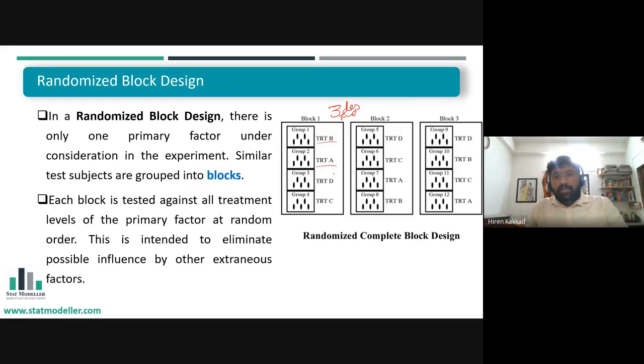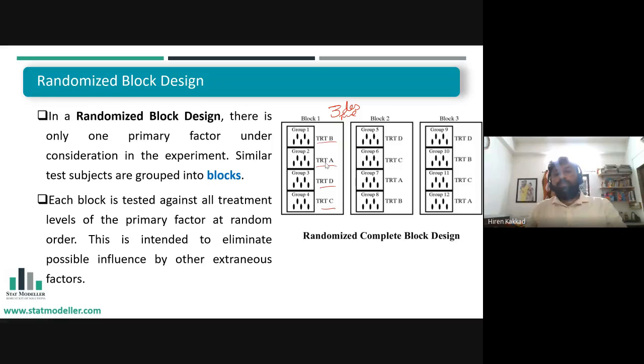I can't accommodate four treatments, because I can't spend this much material in just experimenting. It may be any reason, but management will give you permission to use only three instead of four.